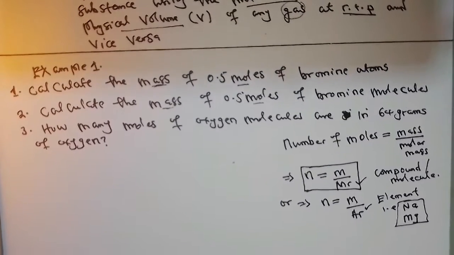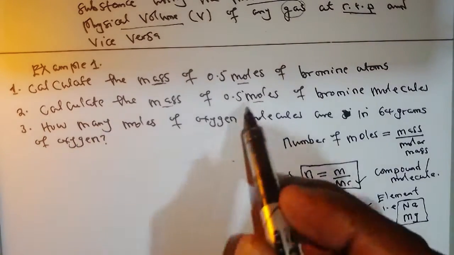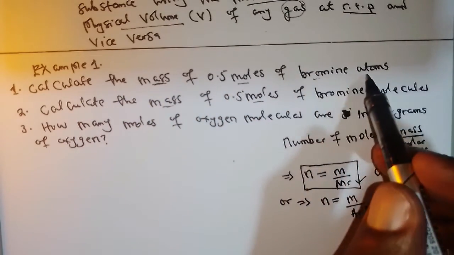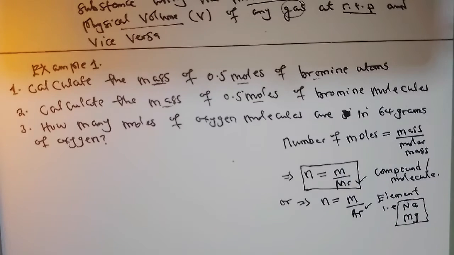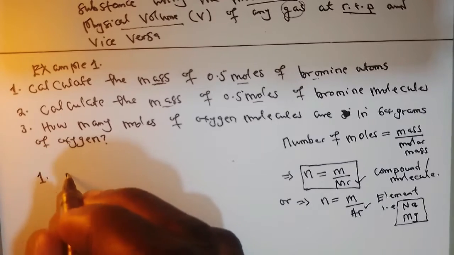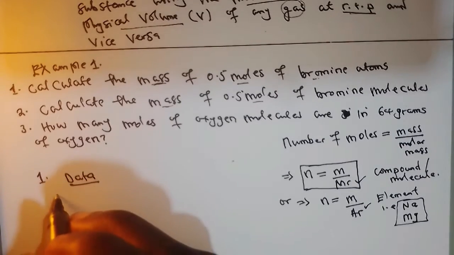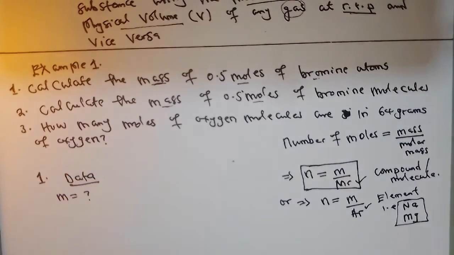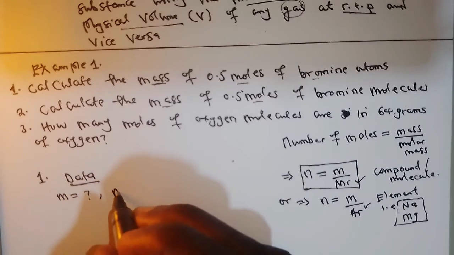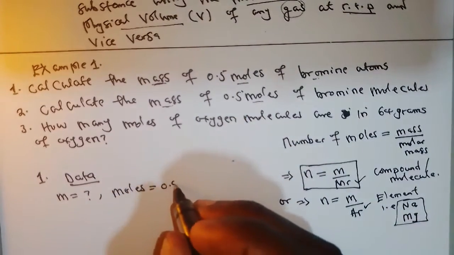Okay, so from there, let us look at the examples. Calculate the mass of 0.5 moles of bromine atoms. The first thing you're supposed to do on number 1 is to collect the information. We are looking for the mass, so you put a question mark, and we have been given the moles, 0.5.